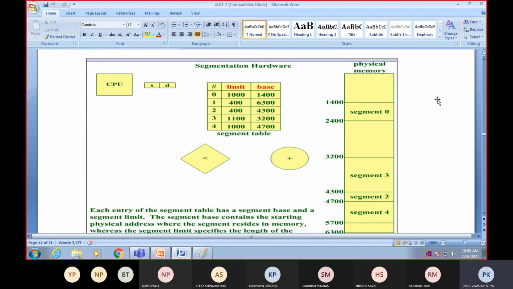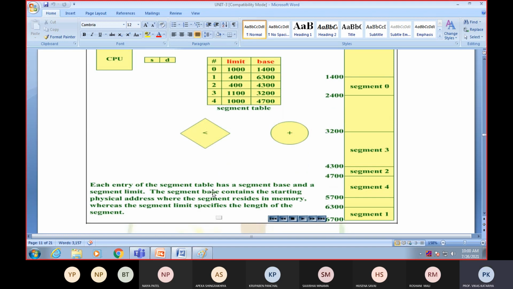There is no hard disk in the diagram, but you have to understand that previously all the segments are stored in the hard disk in secondary memory. Using the segmentation table, it provides the base address, and from this base address we translate addresses from logical to physical and store the segment in primary memory. So we have to understand how the segmentation table helps translate a logical address to a physical address.